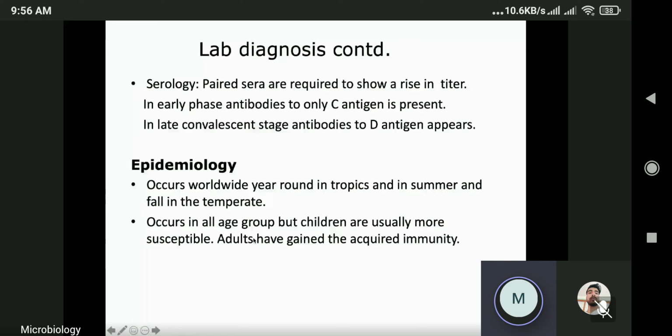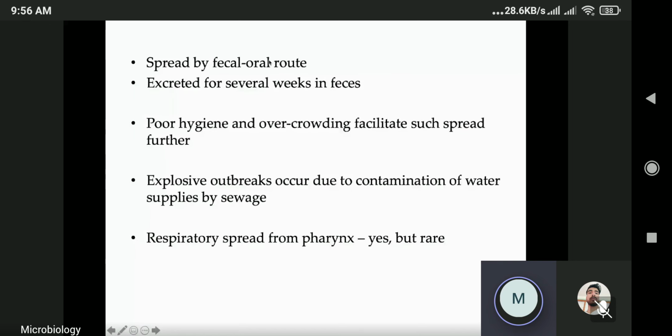The infected persons are the main source of infection because they can spread it via fecal material for several weeks. So poor hygiene, overcrowding, and lack of diagnosis also facilitate the spread of this disease further.